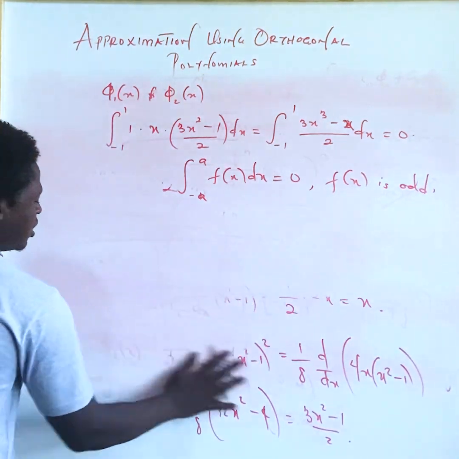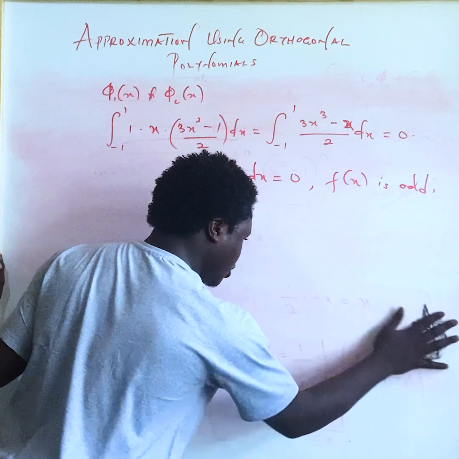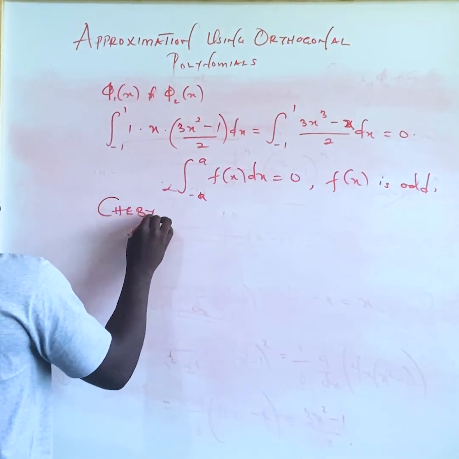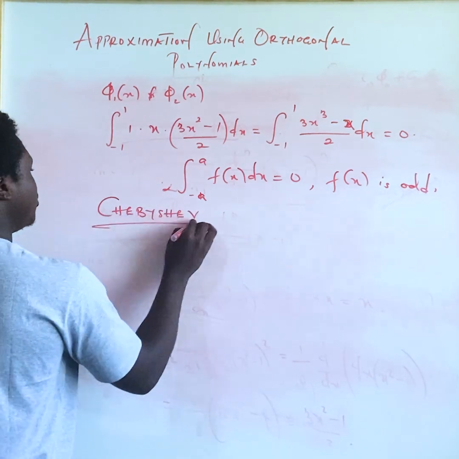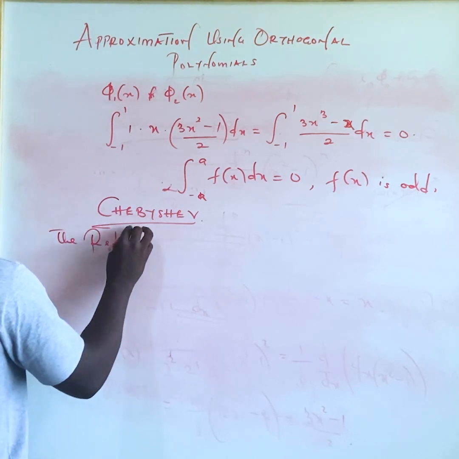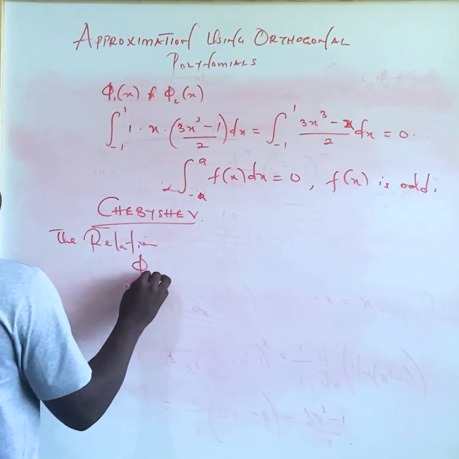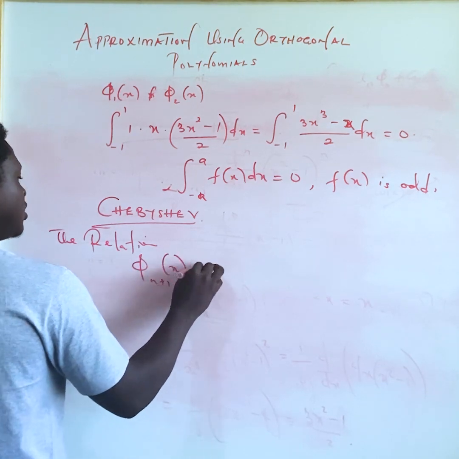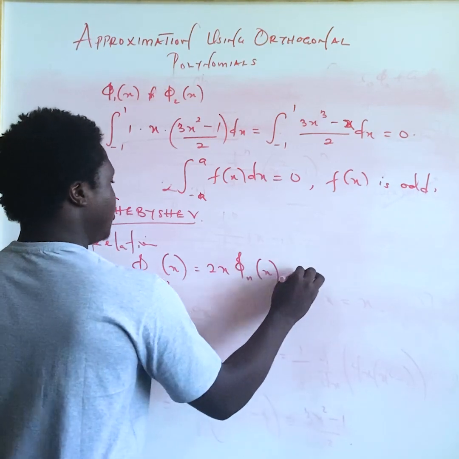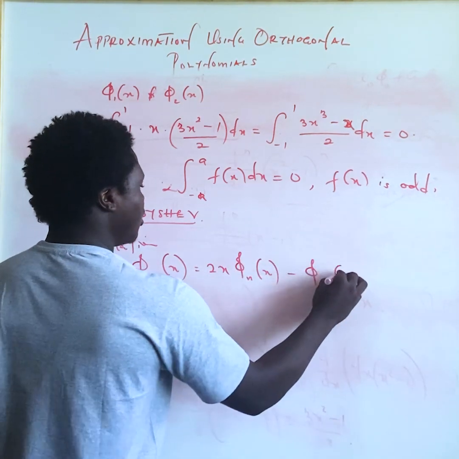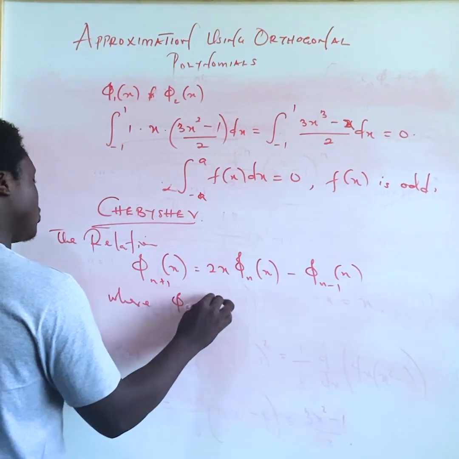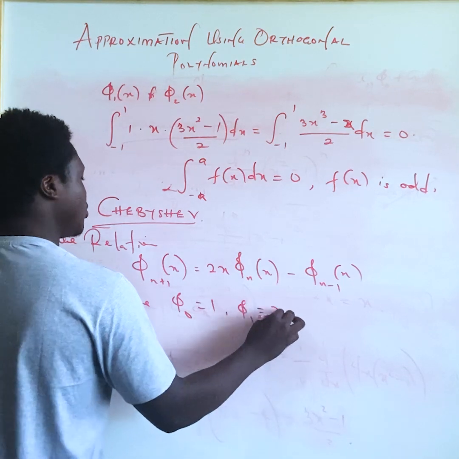How do we get its functions? For the Chebyshev, we use the relation phi n plus 1 of x equal to 2x phi n of x minus phi n minus 1 of x, where phi naught equals 1 and phi 1 equals x.